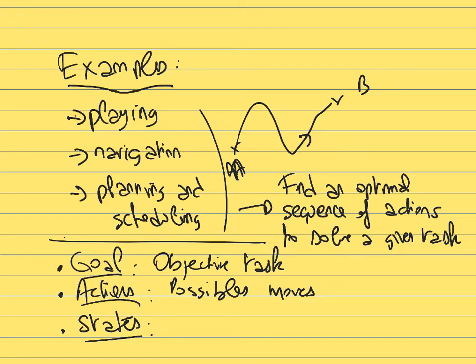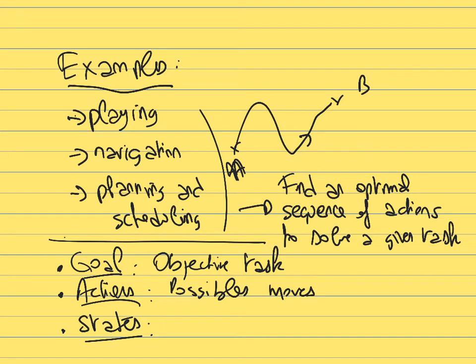In the case of a chess game, for example, a given state would be the knowledge of where is the queen, where are all the pieces of the game, etc. If you are trying to move from point A to point B, the given state in this case will be where you are located. So you can move to different locations, different points within the map, and each point within this map corresponds to a given state.